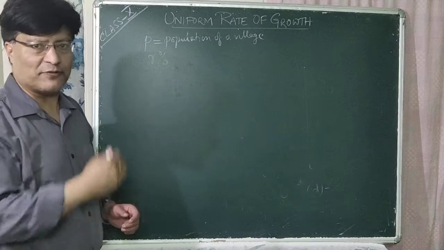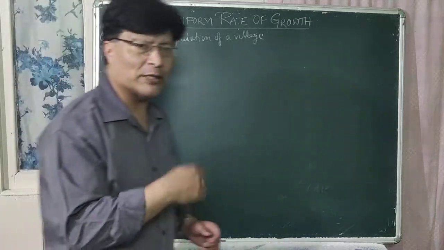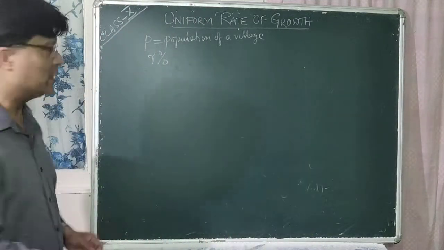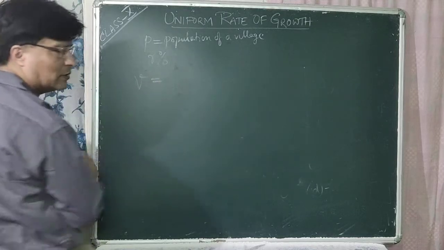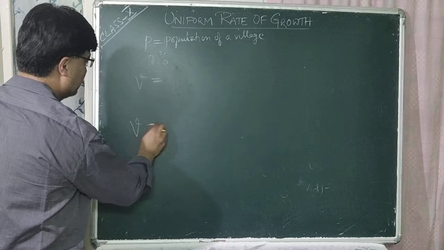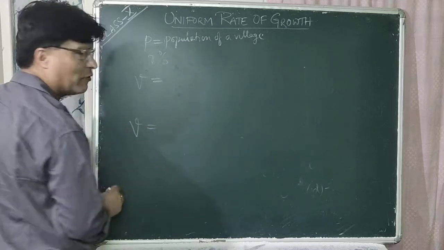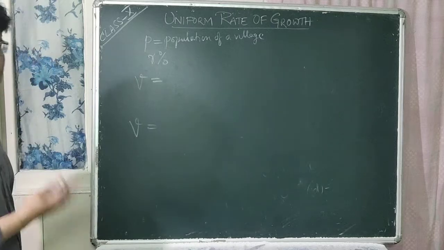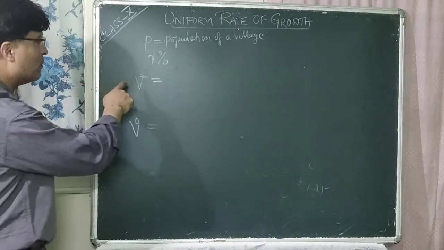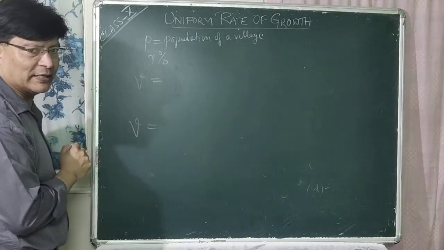So what will be the population at the end of the first year? Suppose V is the population of a village after 1 year. So what will be the value for V?